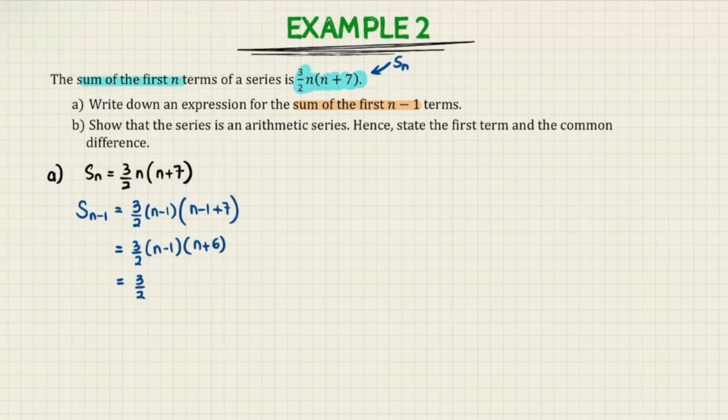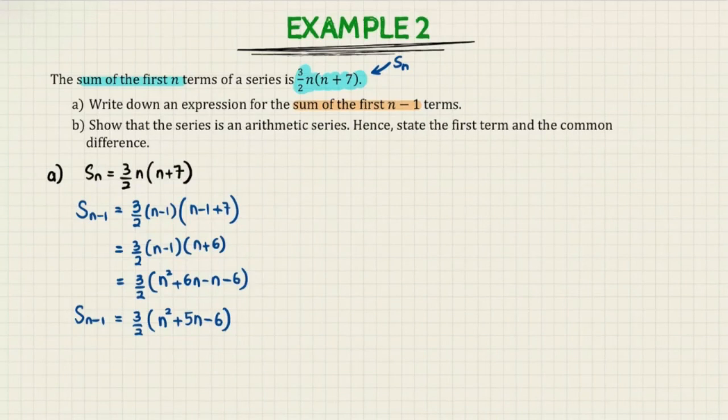So ini akan dapat n squared tambah 6n tolak n tolak 6. So the final answer for Sn minus 1 is 3 over 2 we multiply by n squared plus 5n minus 6. Okay, so ini adalah Sn minus 1.